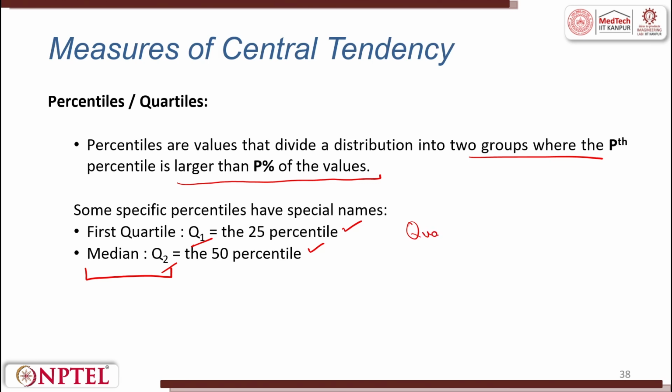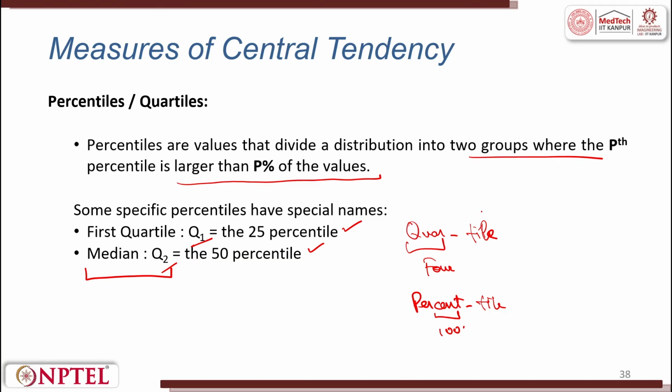Quartile comes from quar, which means 4, the 4th position. Then we have percent. Cent, I said, is 100. Percentile means 100 divisions.